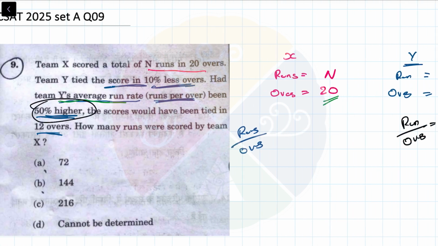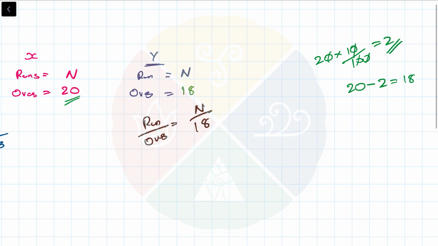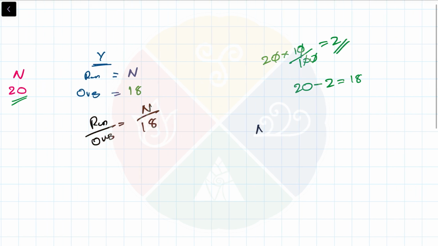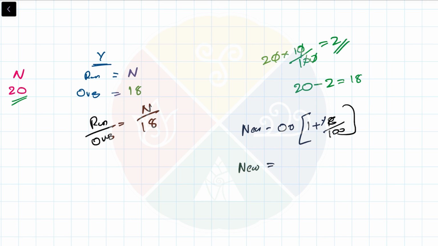Now they are saying that if it had been 50% higher, so in percentages we know the new value is equal to the original value into 1 plus percentage change by 100. So the new run rate, let's not call it n, is the original run rate n by 18 increased by 50%.